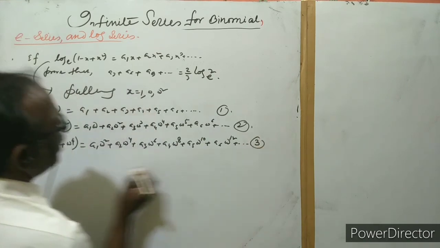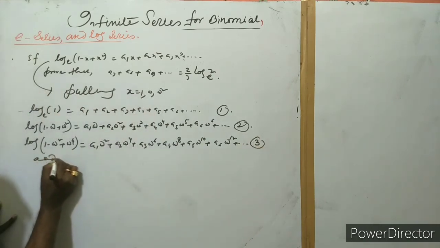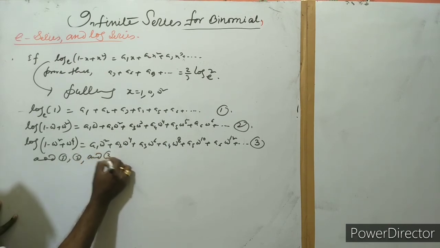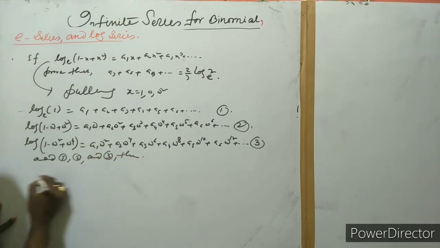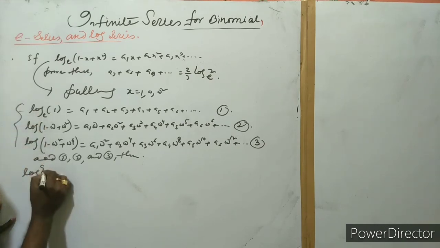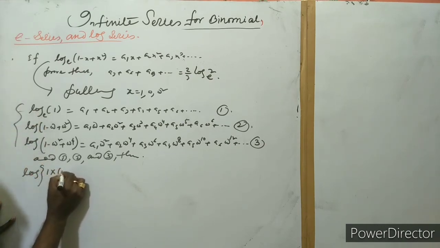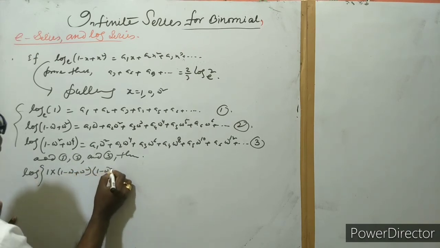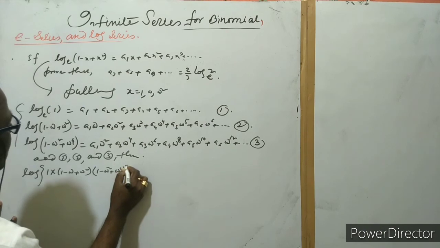This is 3. Now adding 1, 2 and 3. If we add these 3, then 1 into 1 minus omega plus omega square, 1 minus omega square, omega to the power 4.